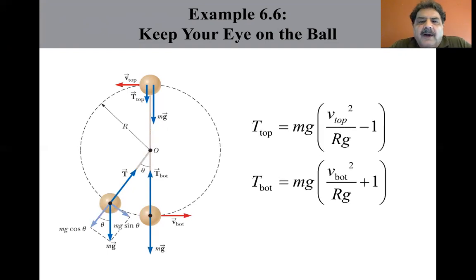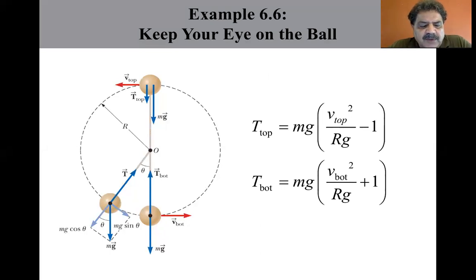So we get the following. The tension at the top is equal to mg (v squared over rg minus 1). If it's at the bottom, it's mg (v squared over rg plus 1), the plus 1 coming from the cosine of 0 degrees and the minus 1 coming from the cosine of 180 degrees.